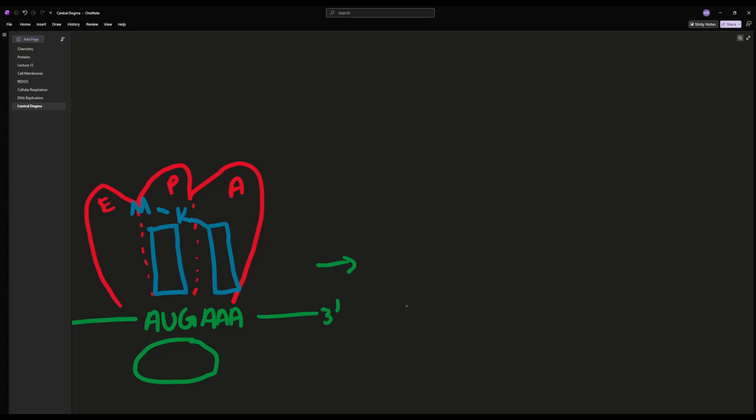So if we drew this out now, we have our 5 prime, AUG, and then AAA. And then maybe we'll add in UCU next. 3 prime. Our small subunit is now going to be mostly centered around the middle codon.